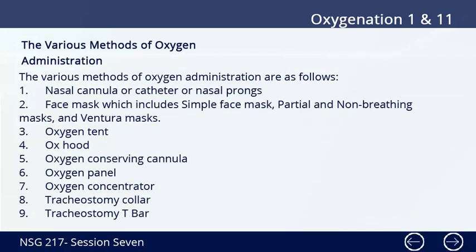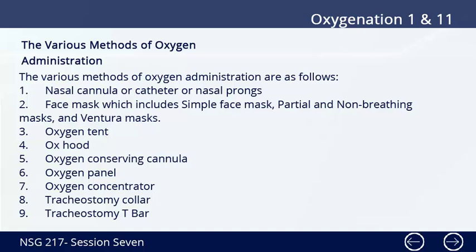Various methods of oxygen administration. The various methods of oxygen administration are as follows. Number 1, nasal cannula or catheter or nasal prongs. Number 2, face mask, which includes simple face masks, partial and non-breathing mask, and venturi mask.